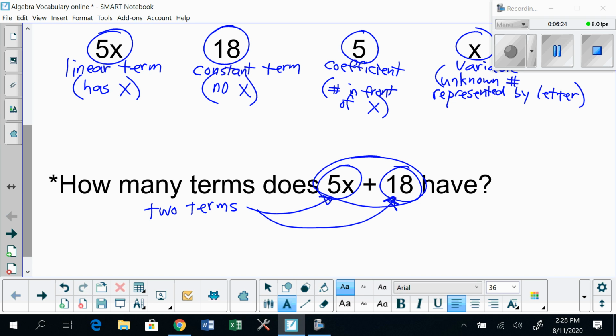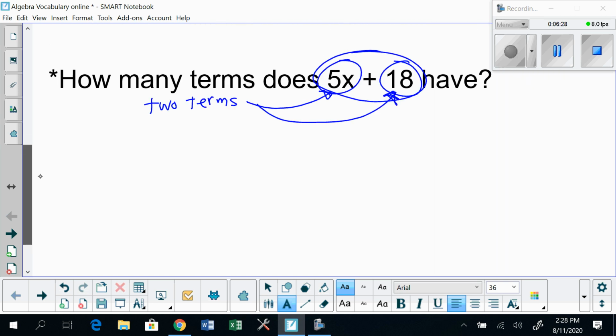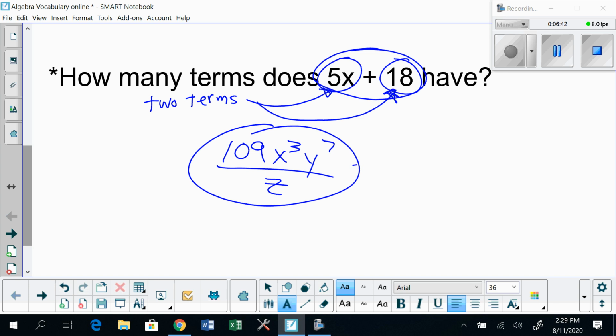What's kind of funny about this is you can actually have a really large expression. Like I could have 109 x to the 3rd y to the 7th over z, this seemingly really large expression, and that would count as simply one term, which is called a monomial. 2 terms, by the way, is called a binomial.